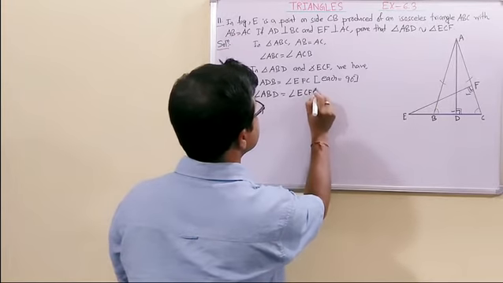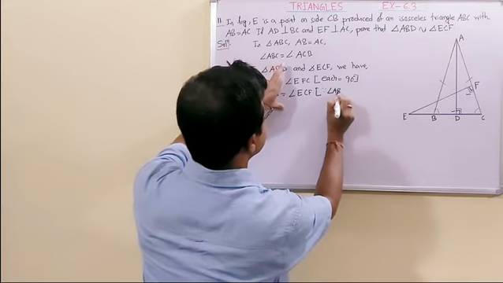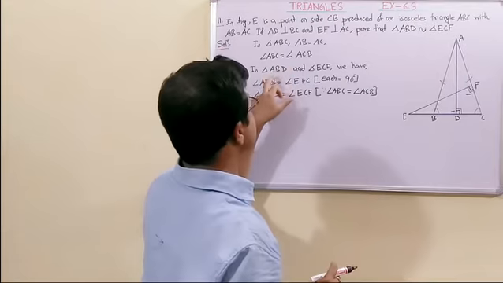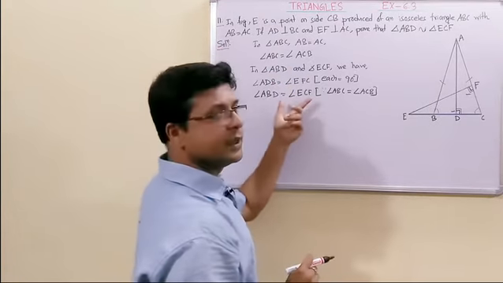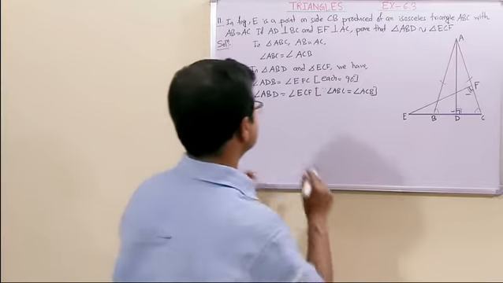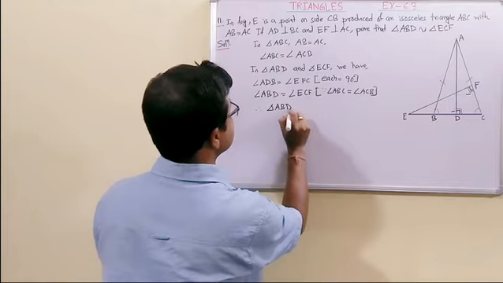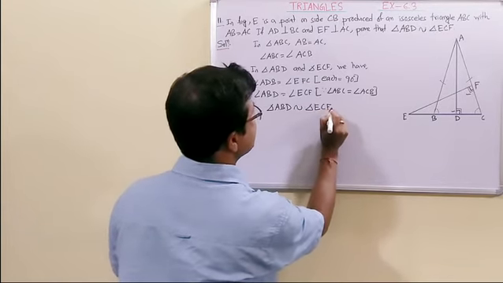What is the reason? Since we have already proved angle ABC is equal to angle ACB. So in these two triangles, we have proved that two pairs of angles are equal. So the triangles are similar. Therefore, triangle ABD is similar to triangle ECF.